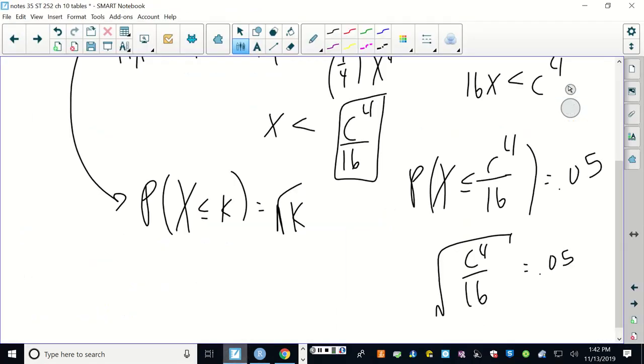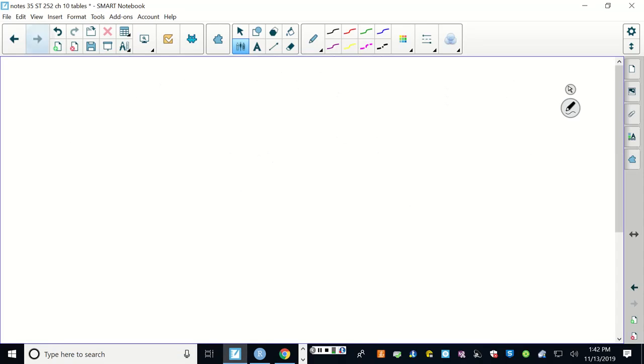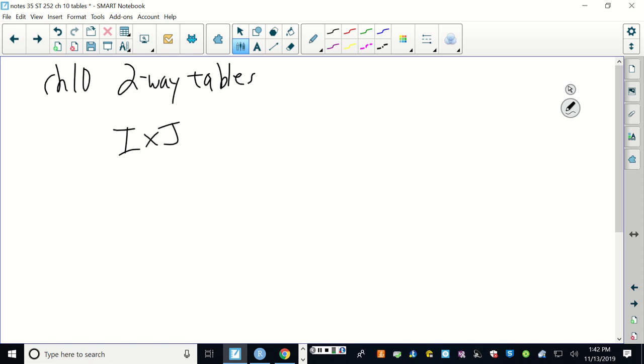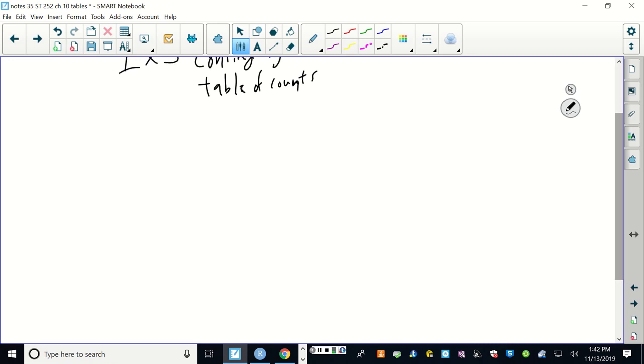Okay, so in chapter 10, we're looking at two-way tables. So we have a table that could be called an I times J contingency table. You might also call it a table of counts. And so it has I rows, J columns.